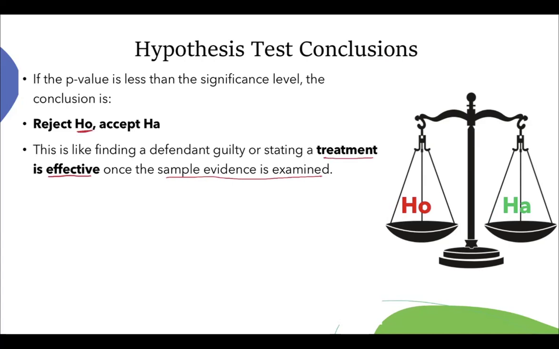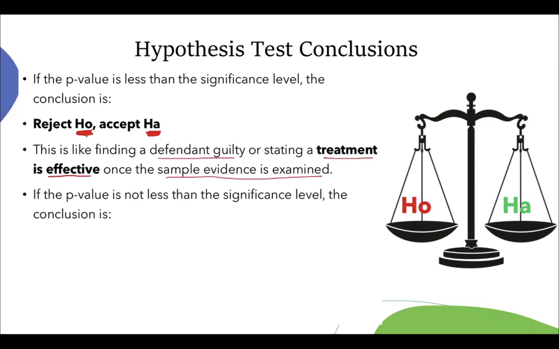You're rejecting what you said in the null hypothesis and accepting what was stated in the alternative hypothesis. Same with the defendant being found guilty. You're rejecting the innocence that was claimed in the null hypothesis, and you're accepting that the defendant is guilty.